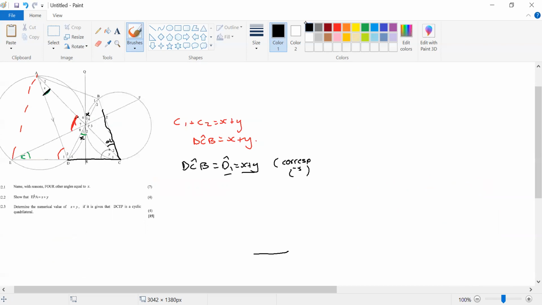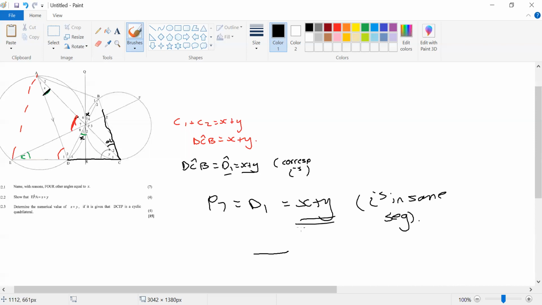So if we write that out, all we have to say is that P7 is equal to D1, which is equal to x plus y, angles in same segment. And literally, this is what we needed to prove, because EPA is the same thing as P7, which is x plus y. It's just another way of writing EPA.